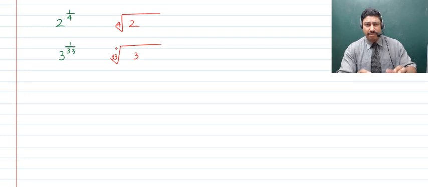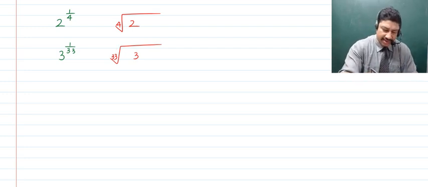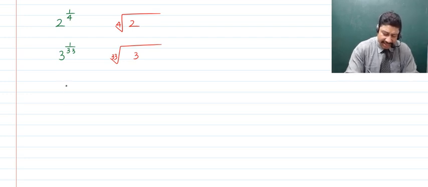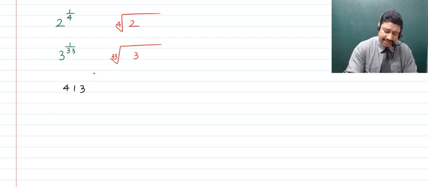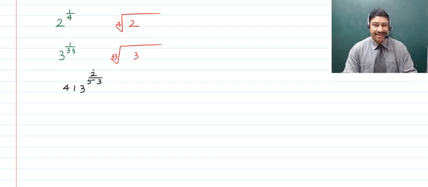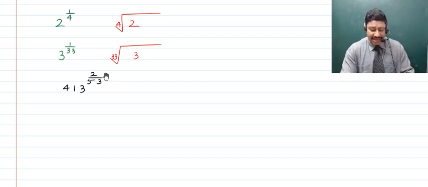Now we will talk about some other numbers which can be irrational. For that matter, let us quickly consider that we have a number which say is 413, right, and whose power say is 2 upon 53. So here also we get to see that if we talk about the exponent of this number, then it is a fraction, that is, it cannot be simplified.